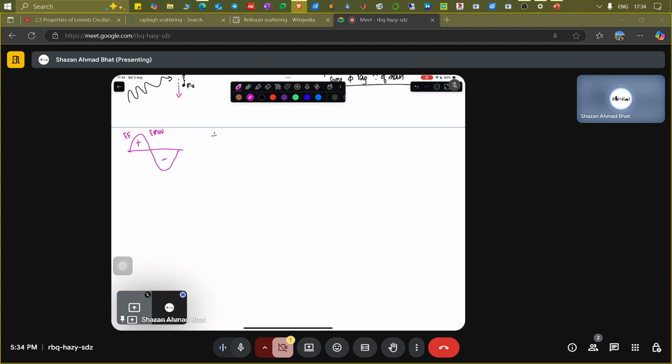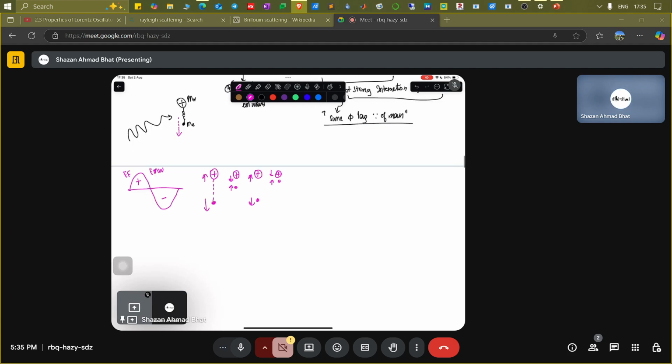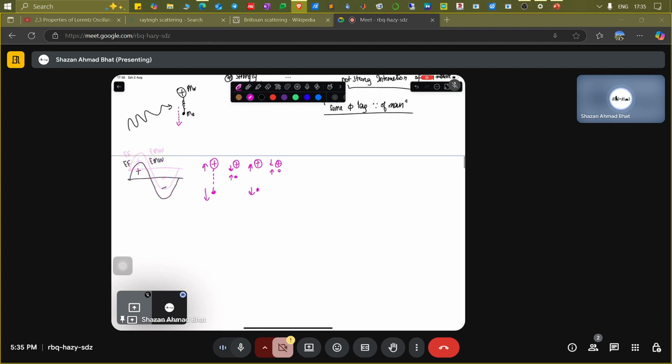During the positive cycle, for example, there will be a stretching of the electron, this particular thing. During the negative cycle, these will come closer. This is going to happen again and again, depending upon how the field changes.